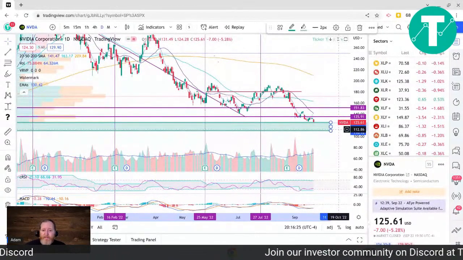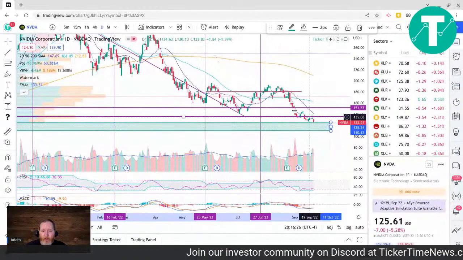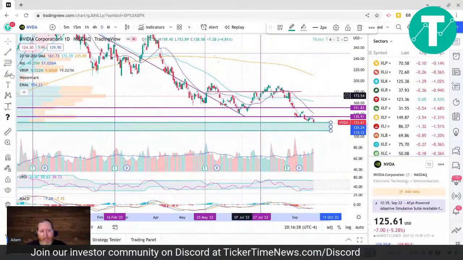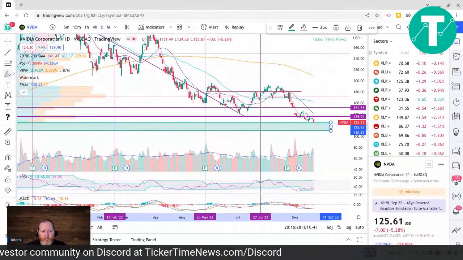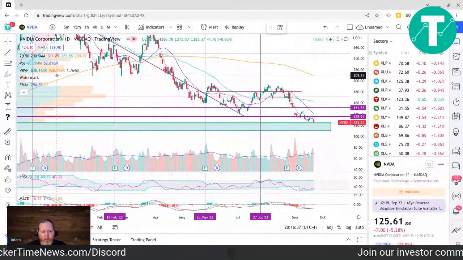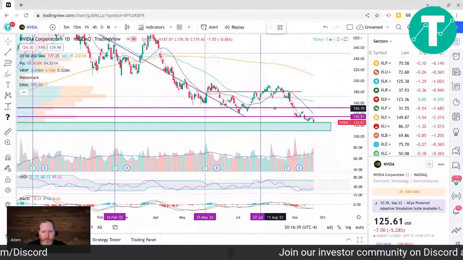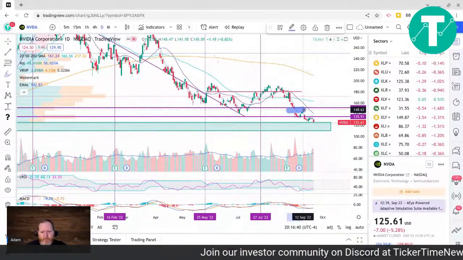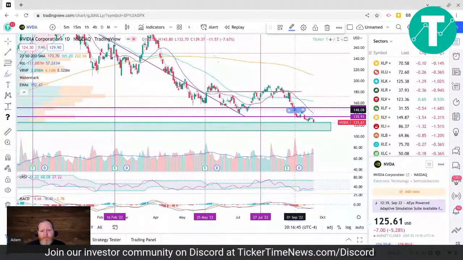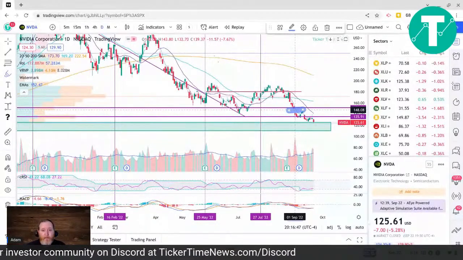Now, when we set this up a month ago, after NVIDIA's gap down, the gap that I just removed to clear this up, this gap right here is when we set up the buy box, and we dropped it to 125 for NVIDIA.